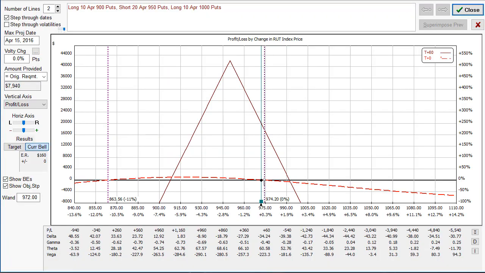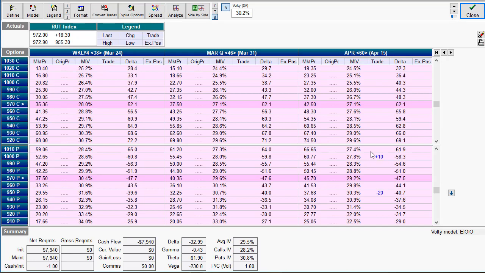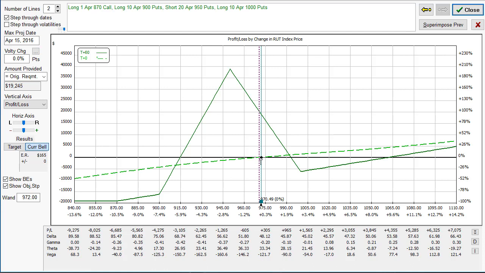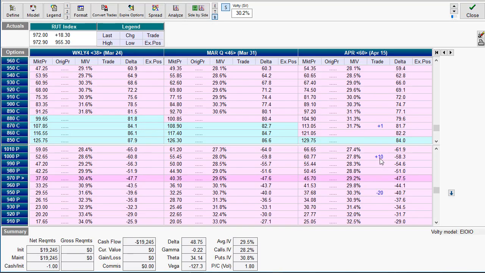If we added an in the money call at delta of 80, that gives us a very positive delta T+0 line, and we don't want that. So in higher volatility environments, sometimes you have to buy more butterflies.